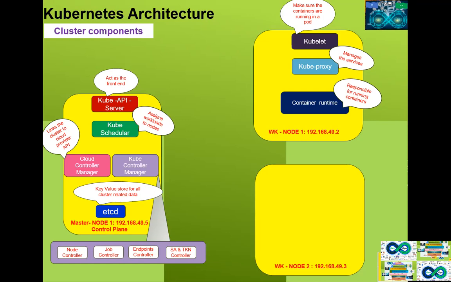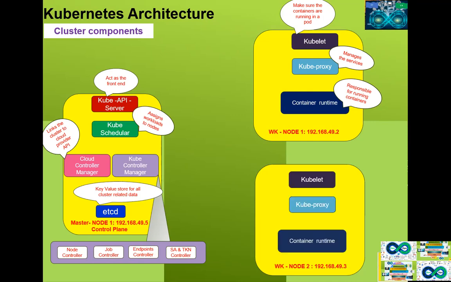So the container runtime is making sure that containers are running as per the deployment. You may have CRI, you may have Docker. It is responsible for running the containers in combination with kubelet. Those are the components in worker nodes mainly.